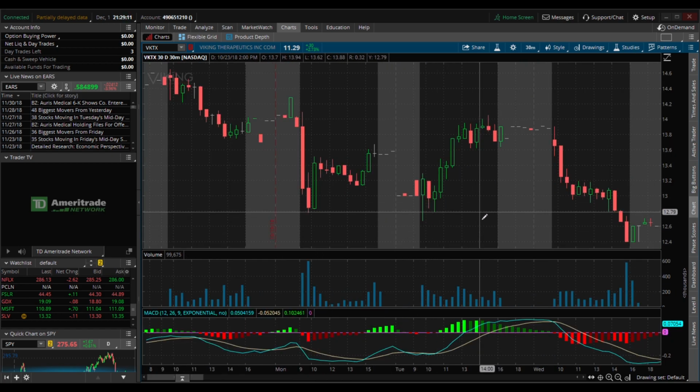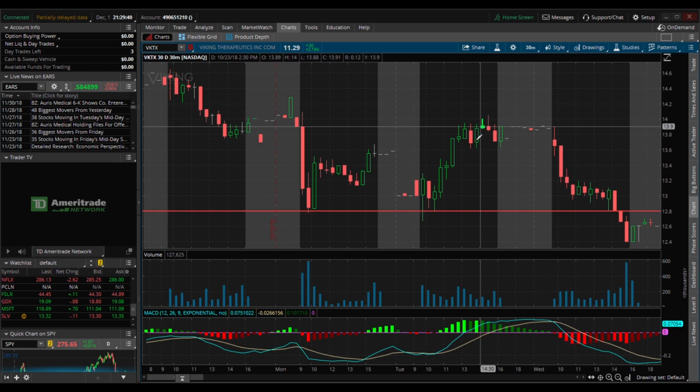there's a strong support here at 12.8. So you can draw a line on this graph right here, add a drawing, price level, and you can add a line right there, right click it, hit properties, you can make it thicker, change the color if you want, set the exact value, and most importantly, extend left.